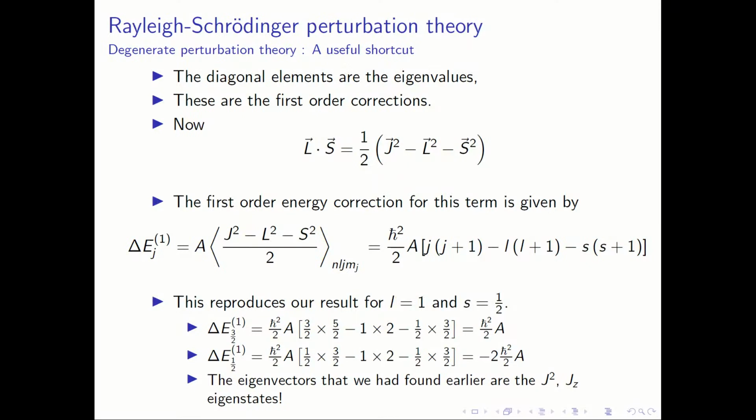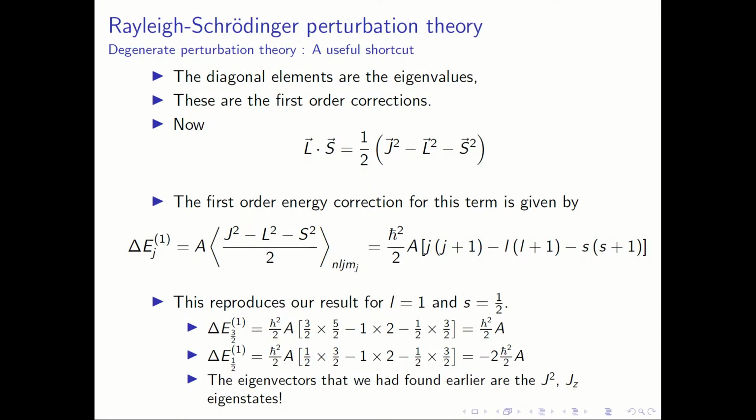And those eigenvectors, if you look carefully, are nothing but the corresponding psi n l j mj eigenvectors. In fact, J equals 3/2 has 4 vectors corresponding to it, mj going from minus 3/2, minus 1/2, plus 1/2, and plus 3/2, and J equals 1/2 has 2. And if you remember your Clebsch-Gordan theory, you can figure out that these are exactly those eigenfunctions. So the work which we did earlier could have been circumvented if you had just gone to the right choice of basis at the very beginning.